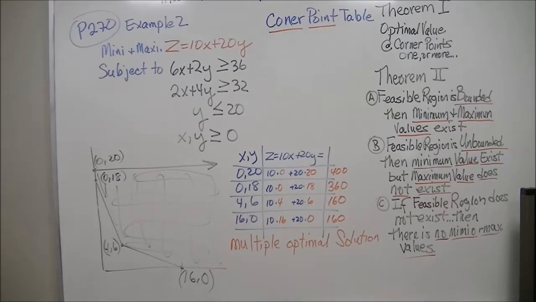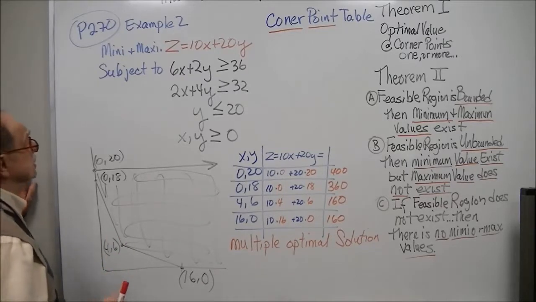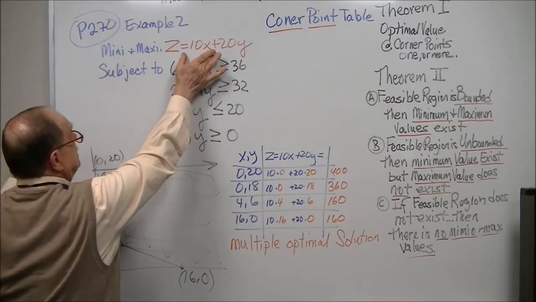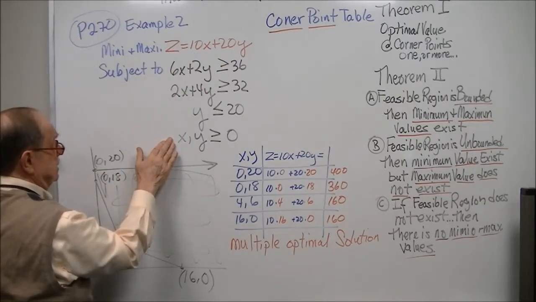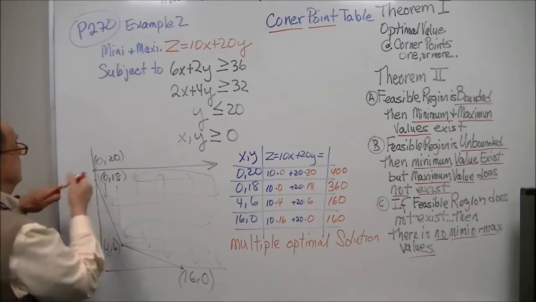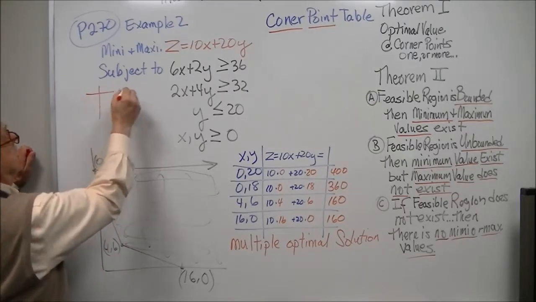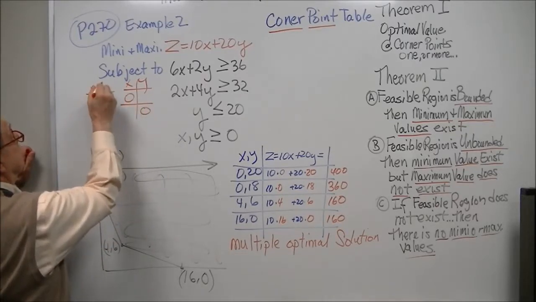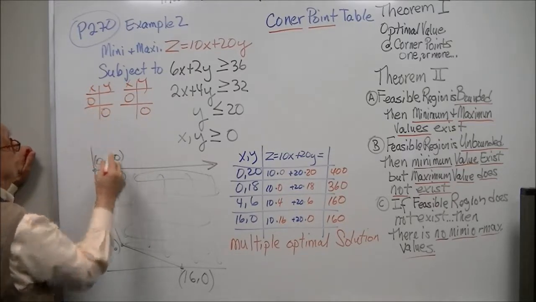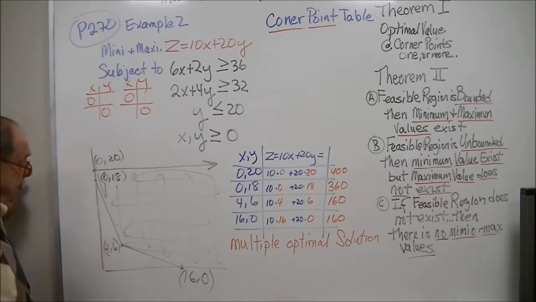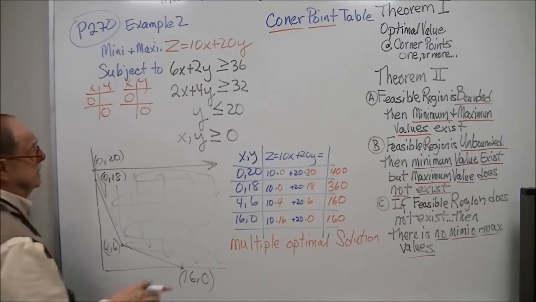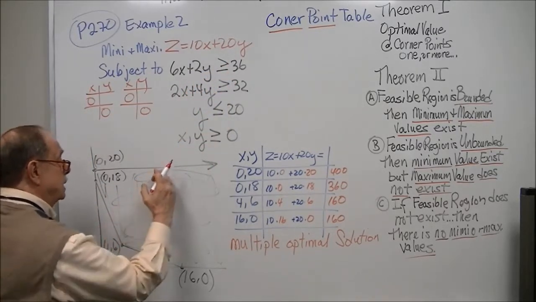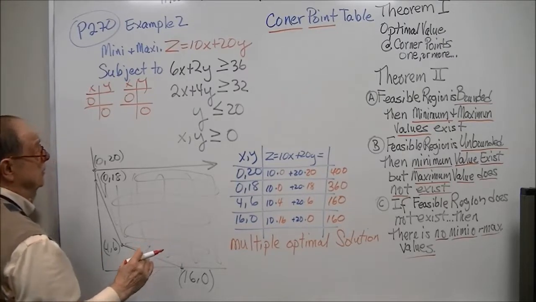As we go on to part 2 of example 2, we've changed our minimum and maximum value subject to these. And what we would do again would be to make an X and Y t-chart. Get our values and then plot our lines. And since this one is greater than, our shading would be above.